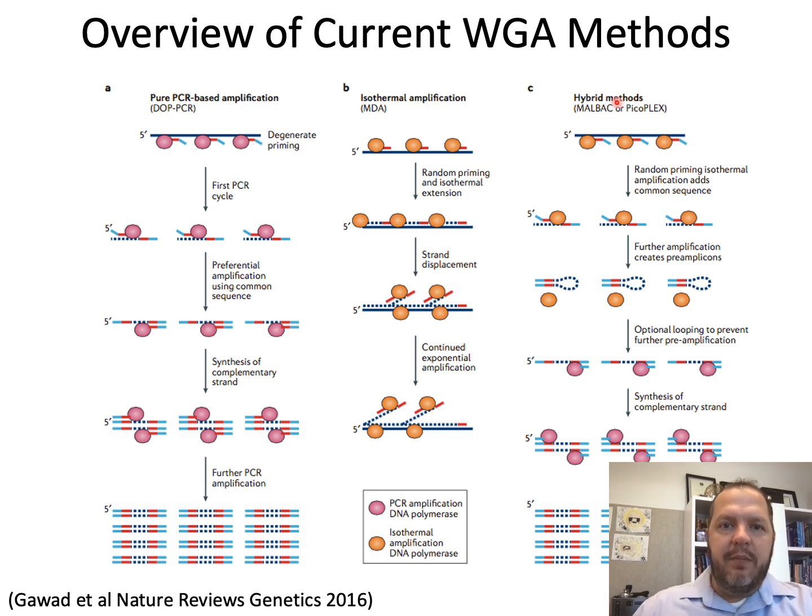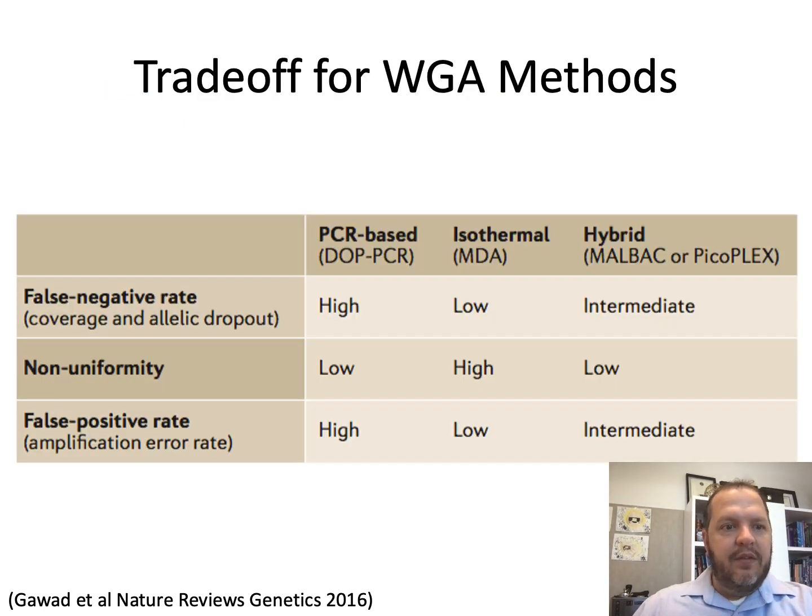Subsequently, there were what we call hybrid methods, which use a little bit of isothermal amplification to add a common sequence, and then that common sequence is used for PCR priming. So it's a little bit of isothermal, a little bit of PCR. Again, these methods have had trade-offs that have limited their use.